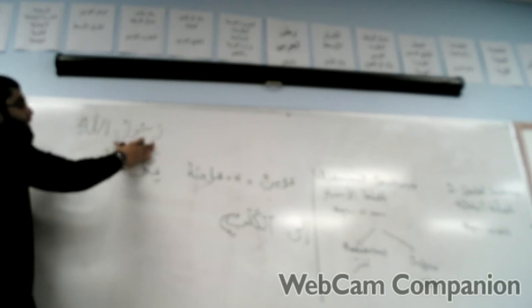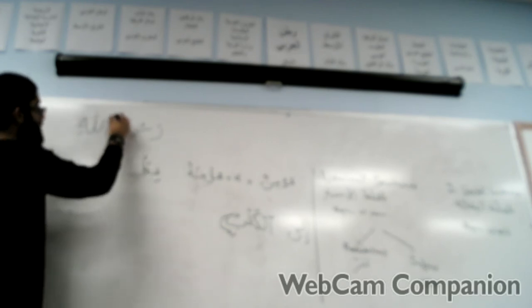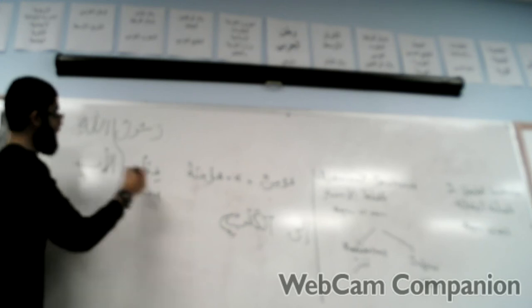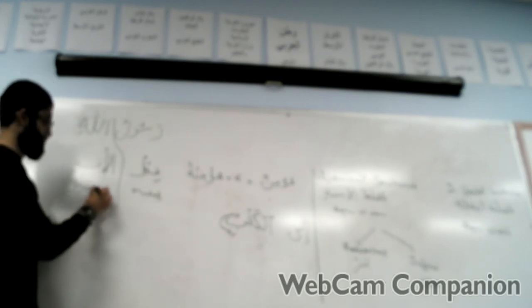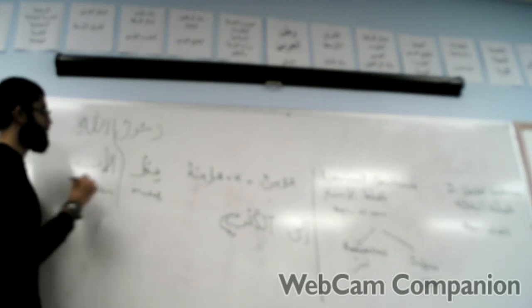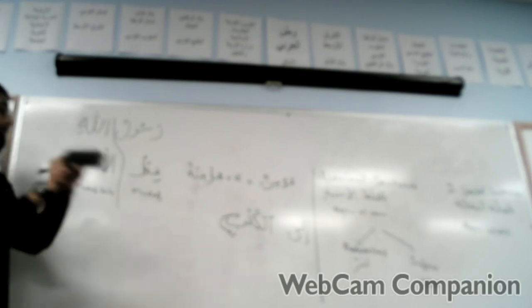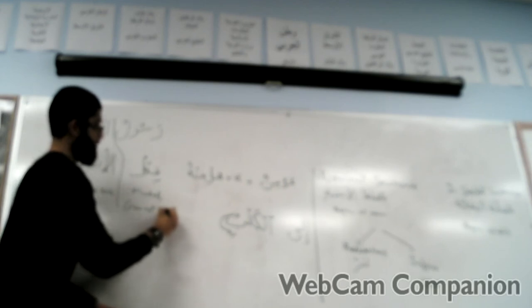It's definite, but it doesn't have al. So in this case, the first word is called the mudaf, and the second word is called the mudaf ilayhi. So what is the rule for the mudaf? It's definite, but it cannot have al.